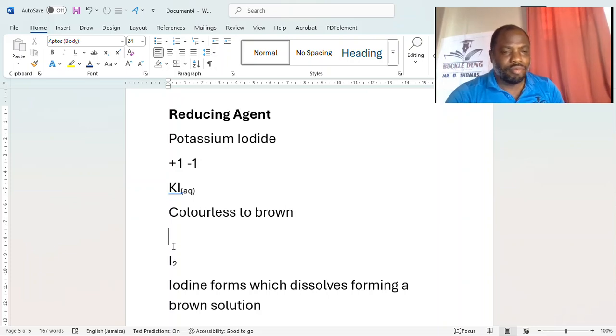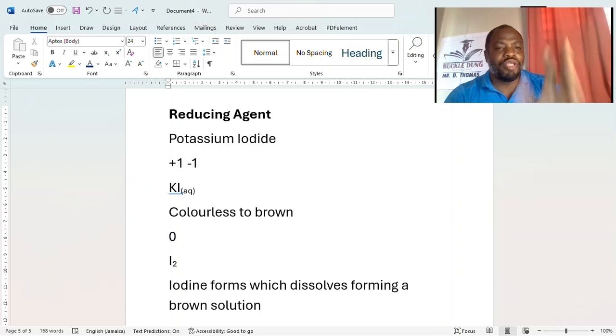I2. Anybody? What is the rule? Zero. So 0. Any element that is not bonded to another element, we also take into consideration the 7 diatomic elements. So once they're like that, 0.